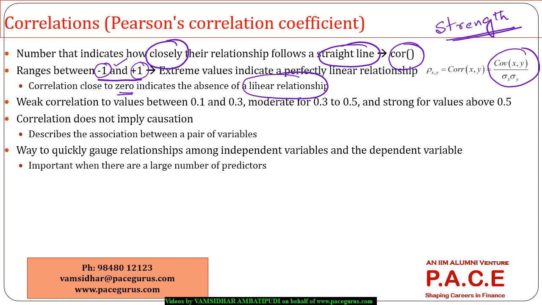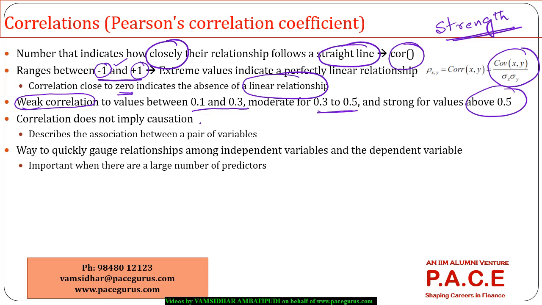As quick ballpark figures, when I see the correlation in the range of 0.1 to 0.3, either positive or negative, we generally say the relationship is very weak. If it is in the range of 0.3 to 0.5, I can interpret it as a moderate relation, and anything above 0.5, the relationship is much stronger between the variables.